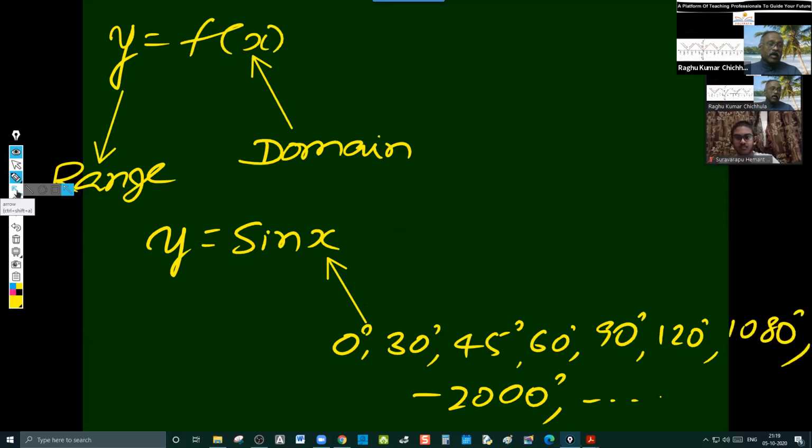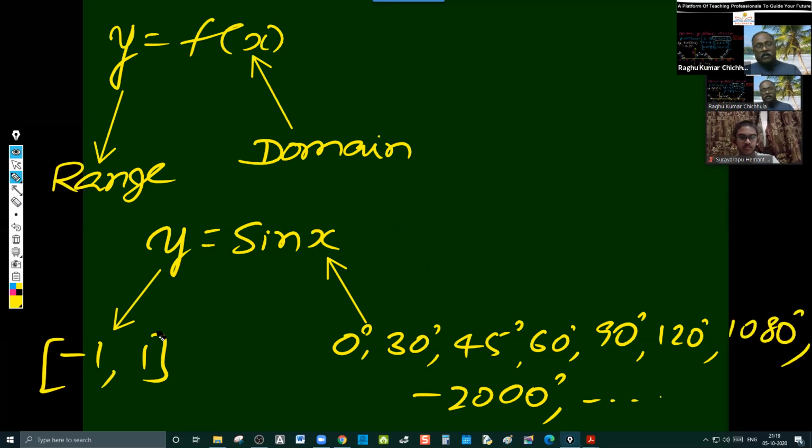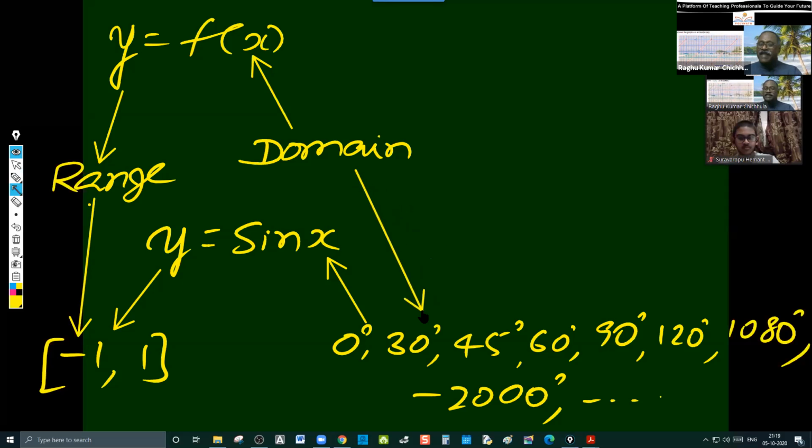But whatever the value you get by giving some values to x, always lies between -1 and +1. Very, very important point, please. That means the visibility of range lies on the y-axis, and the visibility of x lies on the x-axis.